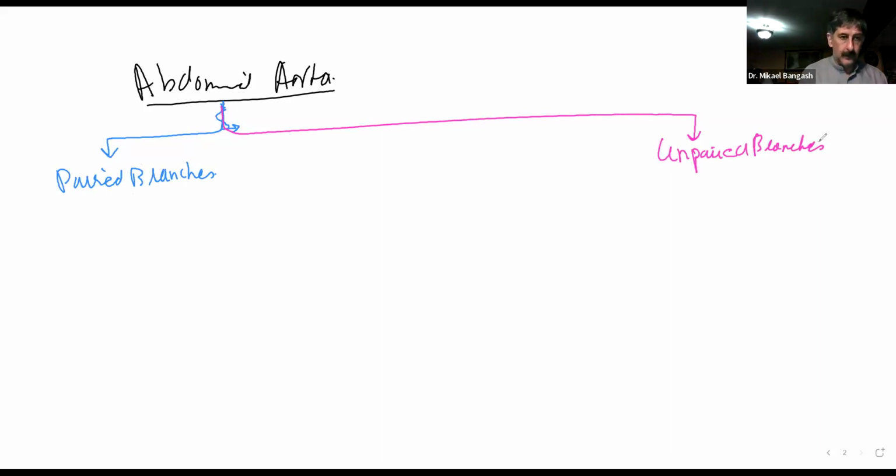Now, guys, when we say paired branches, what do I mean? Most likely paired as right and left. Whereas when we say unpaired branches, there's no pair. There's no right or left. Now we just start from the top.